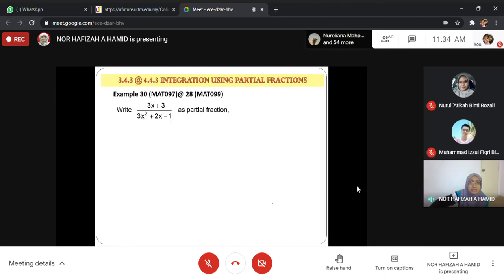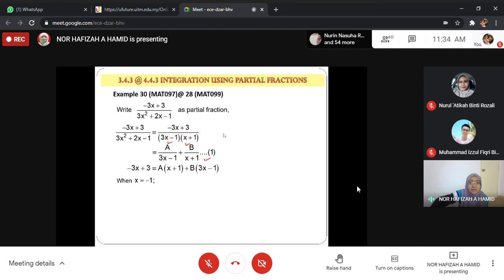Okay, so ni saya solve. So kita dah factor dia case 1 lah, so both are linear. So case 1, so ni you punya general form of the partial fraction. Okay, lepas tu you need to solve for A and B. And using substitution method, and using substitute values of x, so you get B is equal to negative 3 over 2.